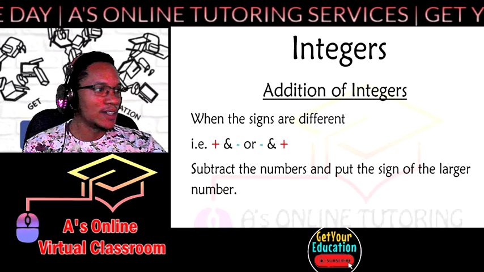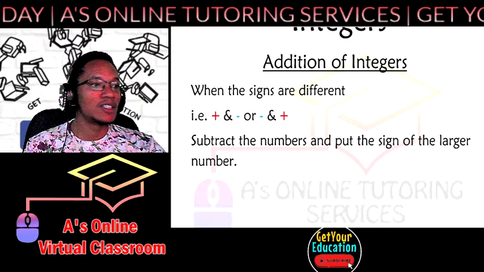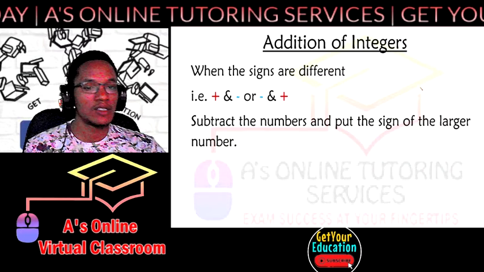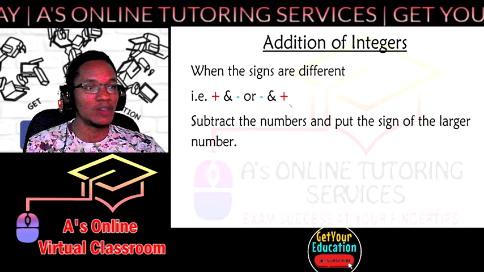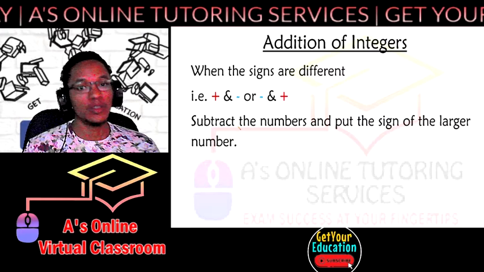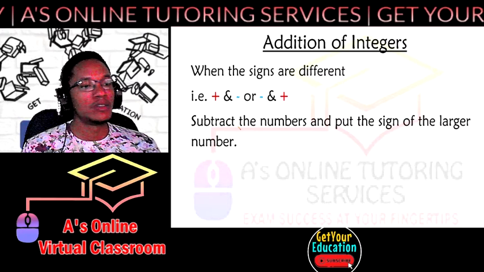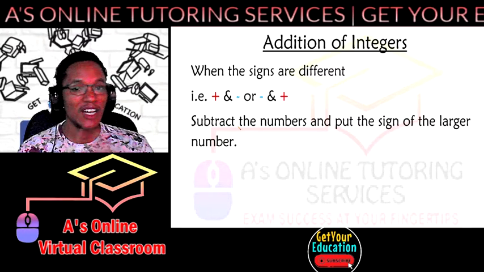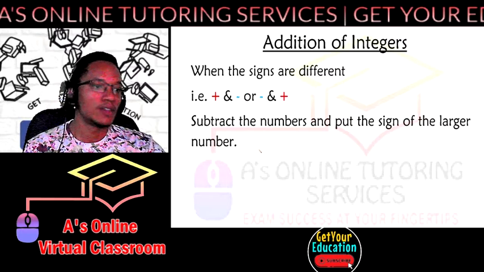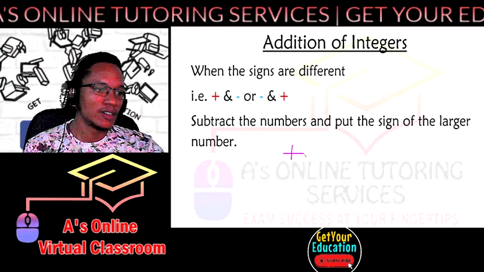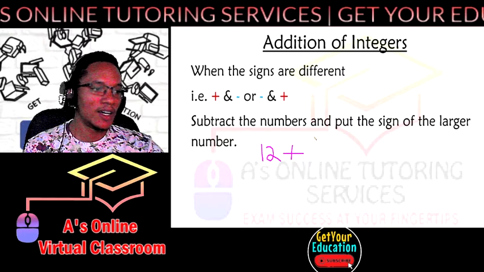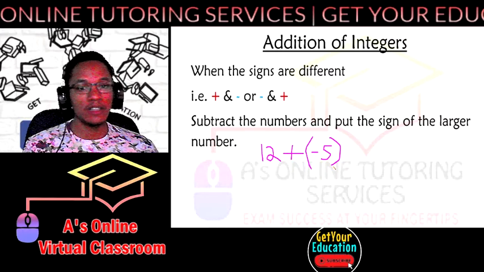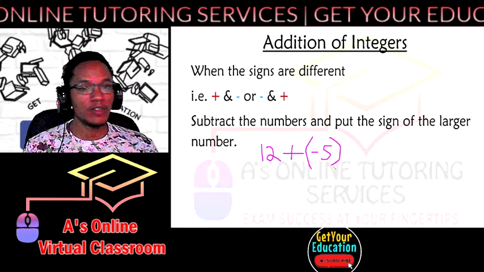Now, when adding integers when the signs are different, that is positive and negative or negative and positive, we have to subtract the numbers. Even though we are adding, the way to work it out is to subtract the numbers and put back the sign of the larger number. Let me show you what I mean. Say we have to add 12 and negative 5. 12 is an integer, negative 5 is an integer, and we're adding both of them.